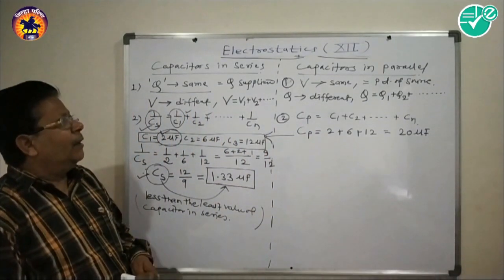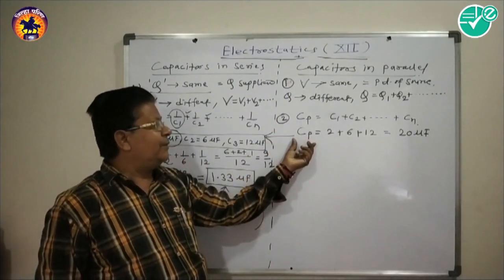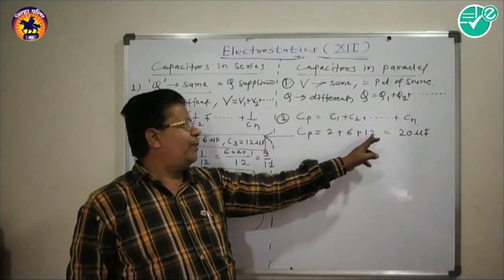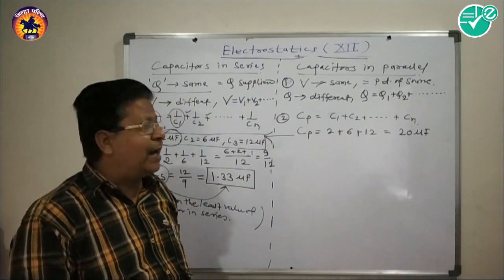So, when capacitors are connected in parallel, the equivalent capacitance of 3 capacitors, 2, 6 and 12 microfarad, comes out to be 20 microfarad.